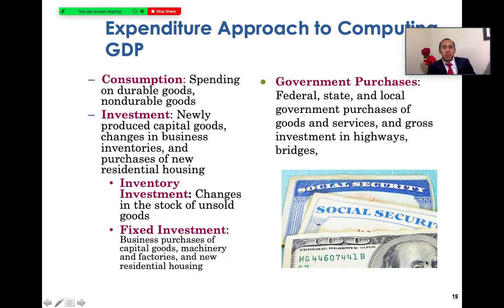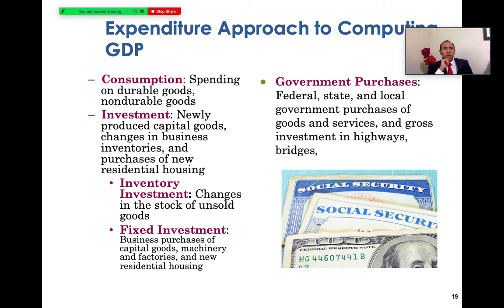Now, government purchases. What's within government purchases? Well, government purchases have a lot of different things. The government is one of the most heavily consuming bodies of the economy. We have the federal, the state, the local government purchases of goods and services, and they also generate gross investments and create highways that are interstate or the national highways, federal highways, and so on.